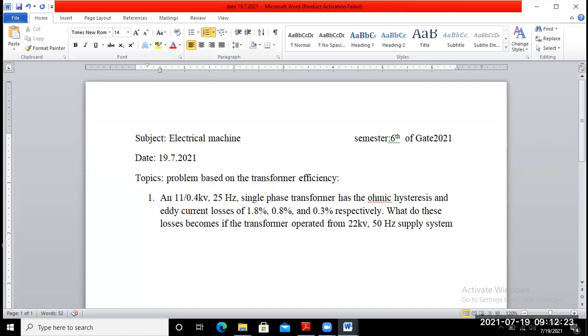The current is assumed to remain the same in both cases.